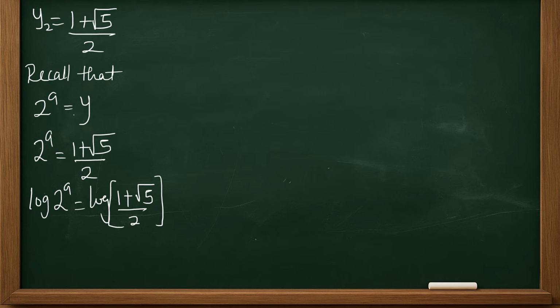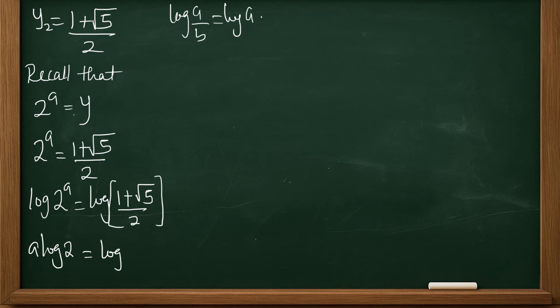Now, moving this a in front of the logarithm, here we have a log 2 equals log of this. You can rewrite this because when you have log a over b, it's the same thing as log a minus log b. So here we can have log of 1 plus root 5 minus log 2.